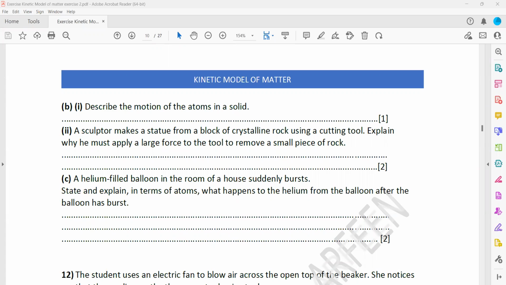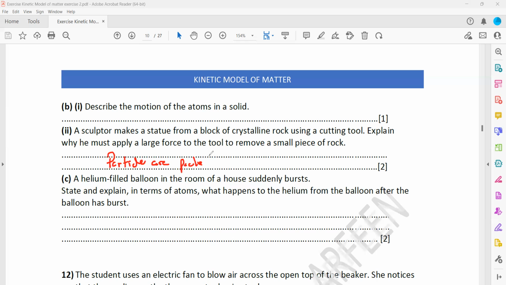So the main idea is that we need a force to separate the particles or ions from each other. It's 2 marks. In your answer you'll mention that in a solid, the particles are tightly packed together, 1 mark for that.